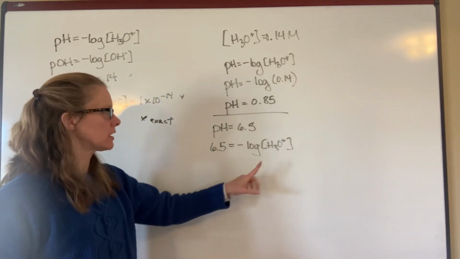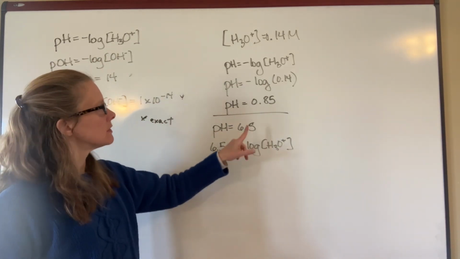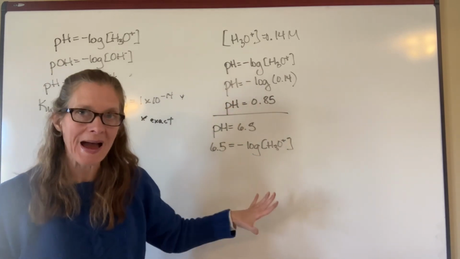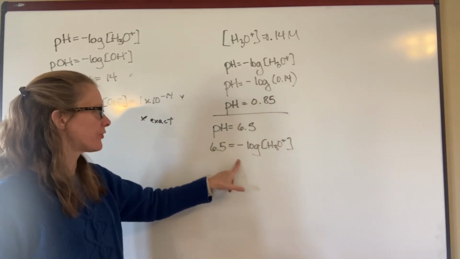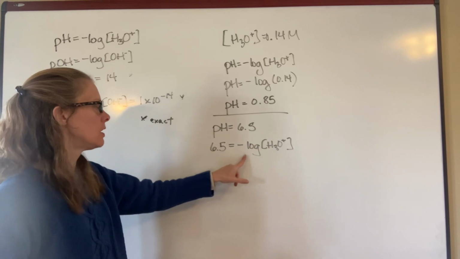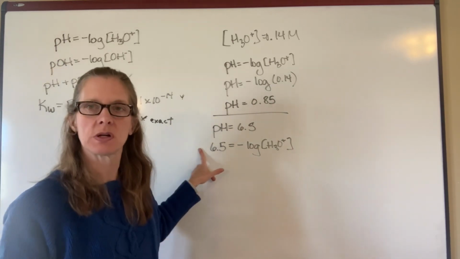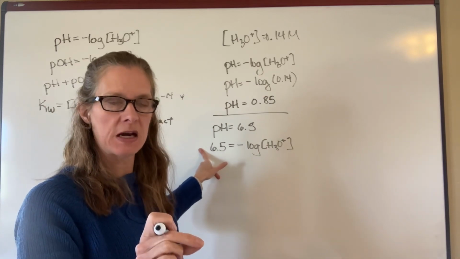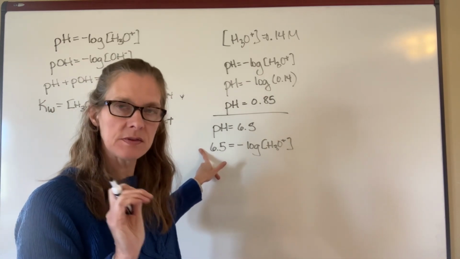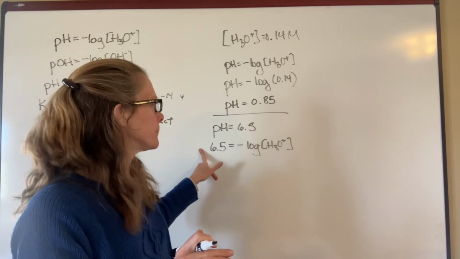Since making this negative was the last thing that you did before, that's the first thing you're going to do now. You take that negative sign and bring it over here. So you take 6.5, type that into your calculator, then hit the negative and make it a negative number.